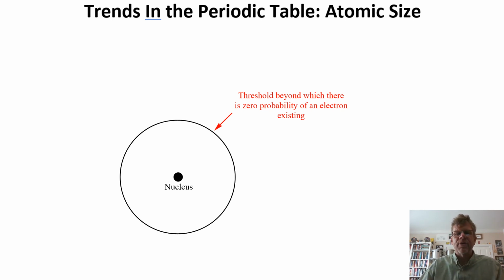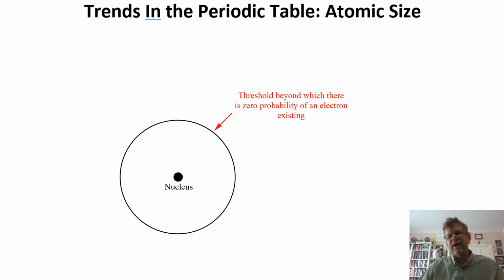But there does remain a threshold, and remember this is in 3 dimensions, we're dealing with 2 dimensions right here. There's a threshold beyond which there is 0 probability of an electron belonging to that atom existing. So that's what we term this boundary, if you will, of a sphere or a circle depicting atomic size, and that is the benchmark that we will use here.